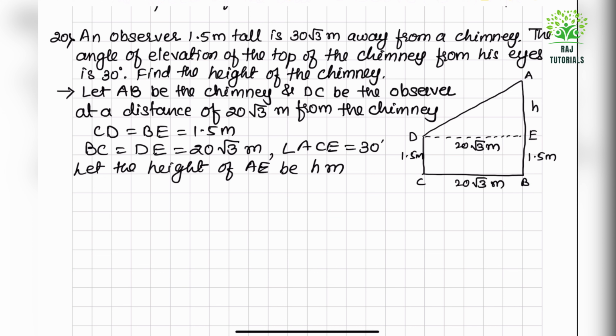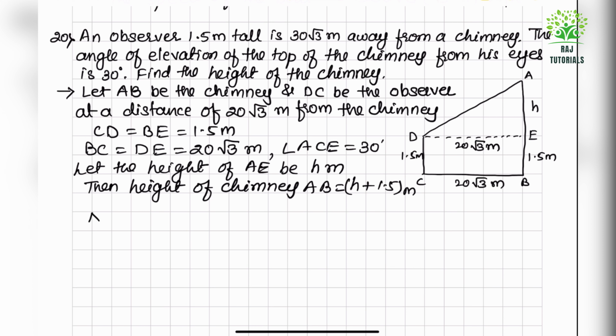Let the height of AE be h meter. Then height of chimney AB will be equal to h plus 1.5 meter.